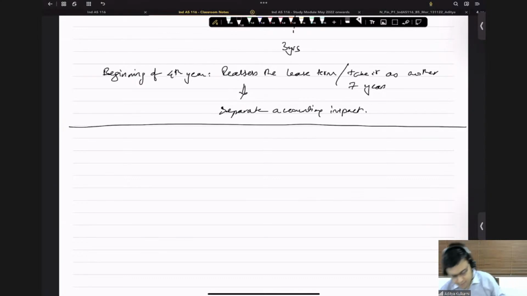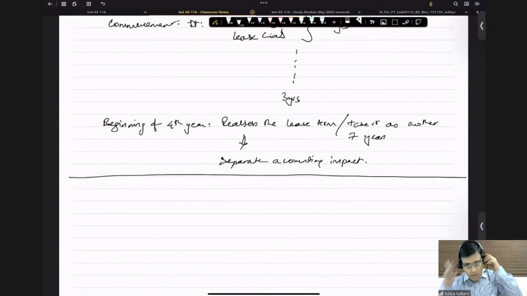Sorry for that. So now coming back to our discussion. The opposite can also happen, where you are given a total lease contract with a termination option in between. When you have a termination option, you will have to ask the question, and this termination option is there with the lessee.